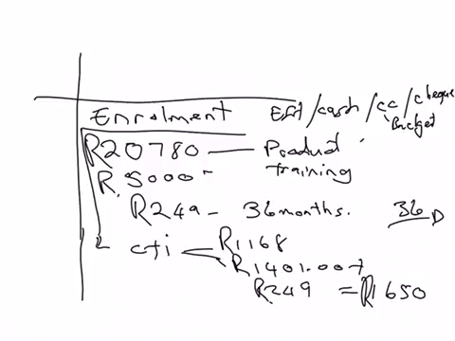Then you say plus 249 for 36 months, plus into your trading account you must put the minimum of 5,000 rand. The client won't concentrate on that. You have all of a sudden shifted his concentration.